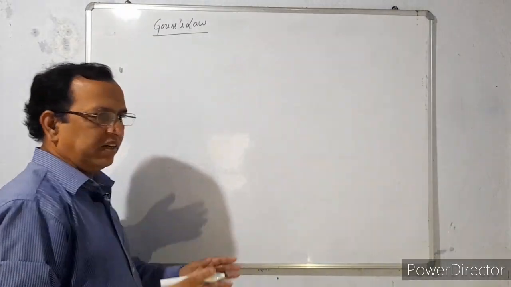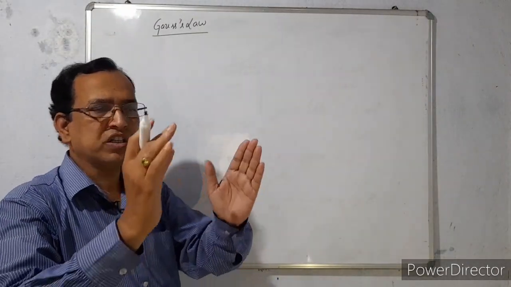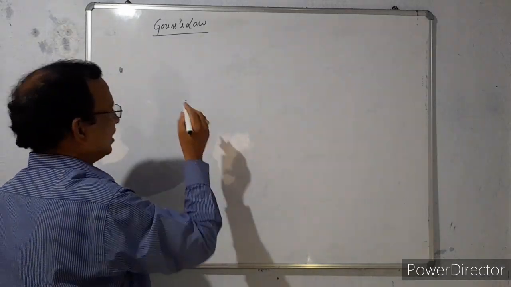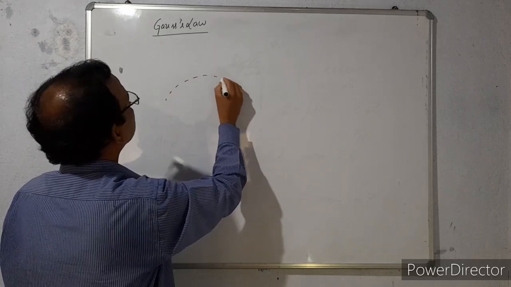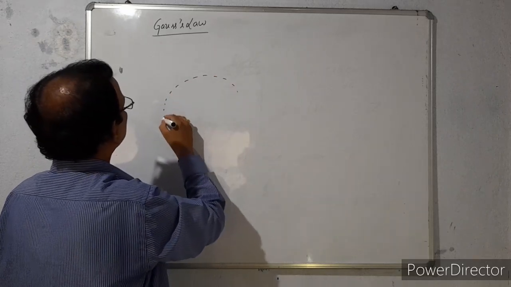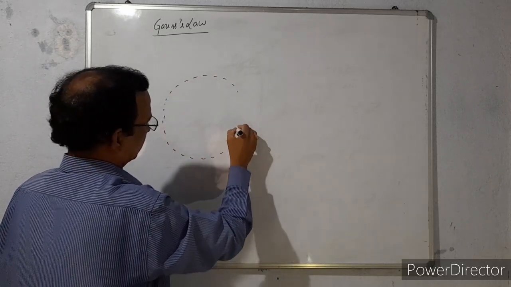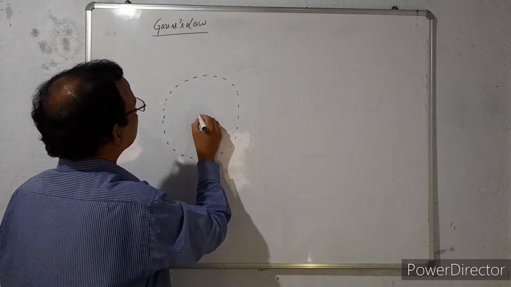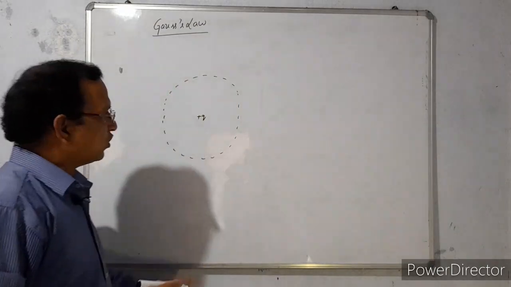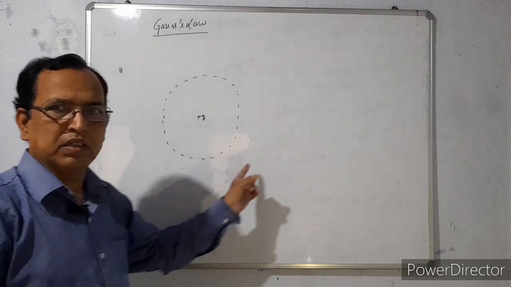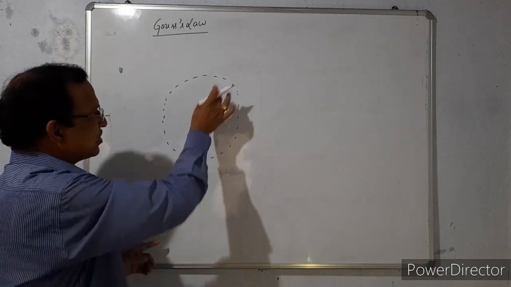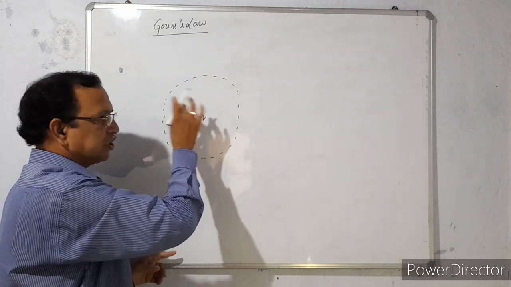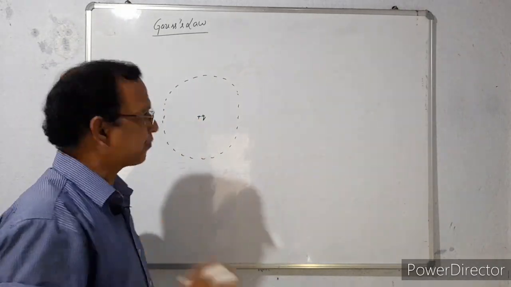Let us consider a closed surface. Inside this, a charge is placed. So this is the surface, a sphere. Inside this sphere, the charge is Q. Clear?